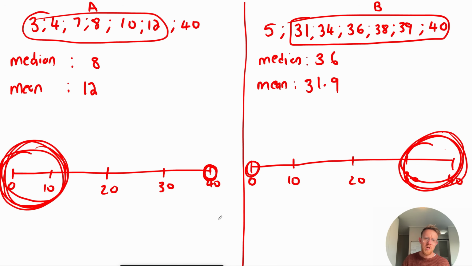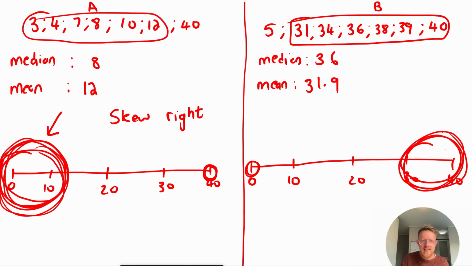When you've got most of your numbers on the left, and just one or two random things on the right-hand side, we call this skew to the right. The word skew means that it's a little bit off. Everything is here, and then you've just got this one random thing a little bit off to the right-hand side. So that's why we call that skew right.